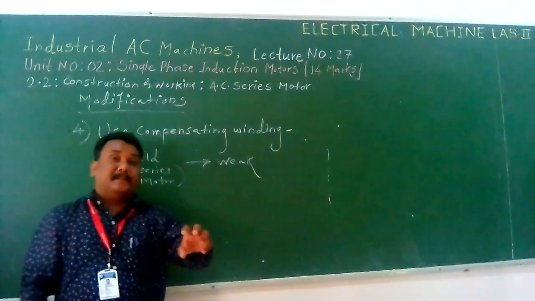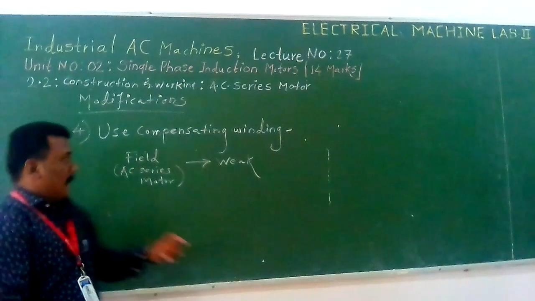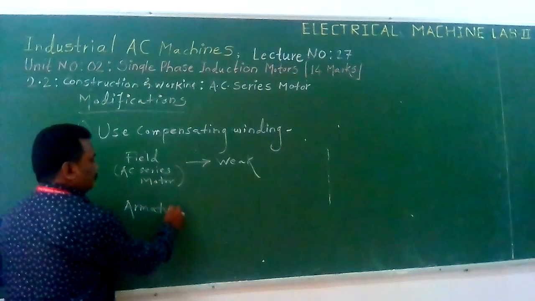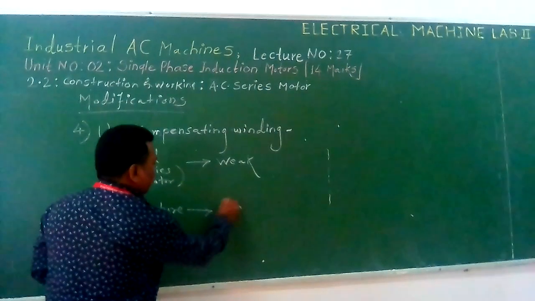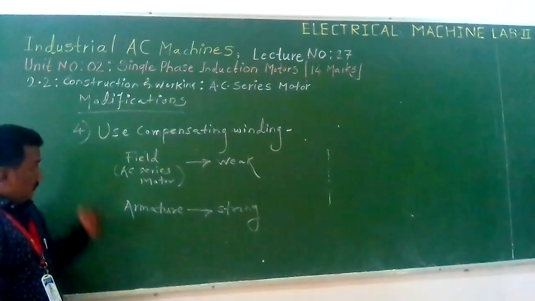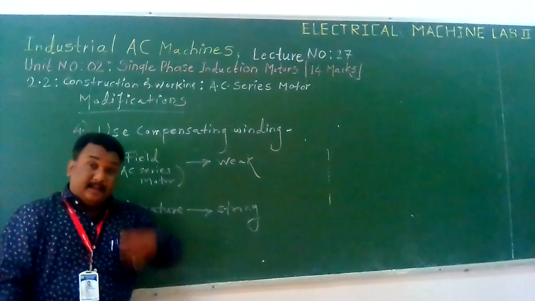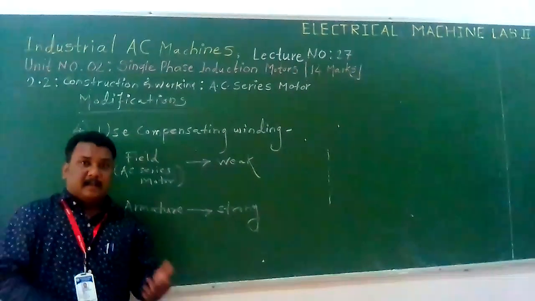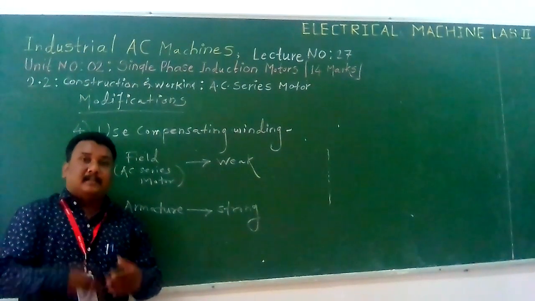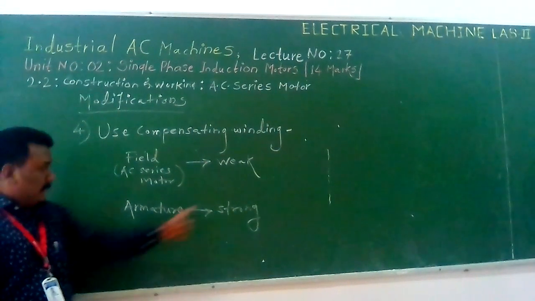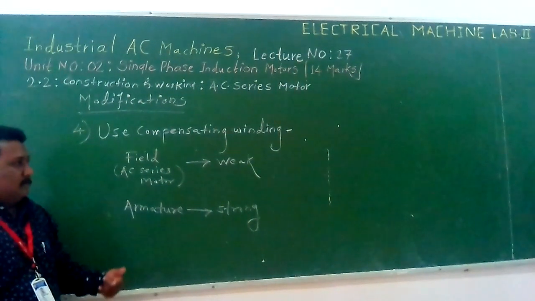Its magnetic field is also weak, but the armature field becomes strong, because in the third point we increased armature ampere turns, meaning the armature has more turns, hence the armature field becomes strong. Now what happened?